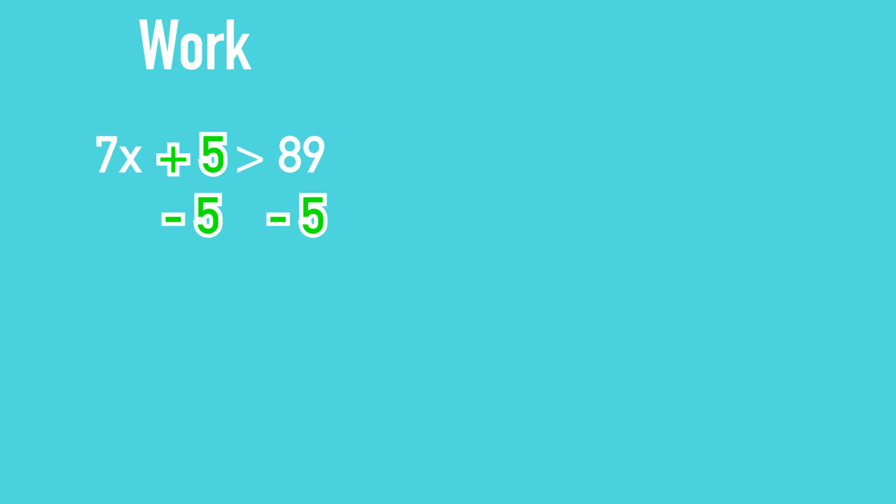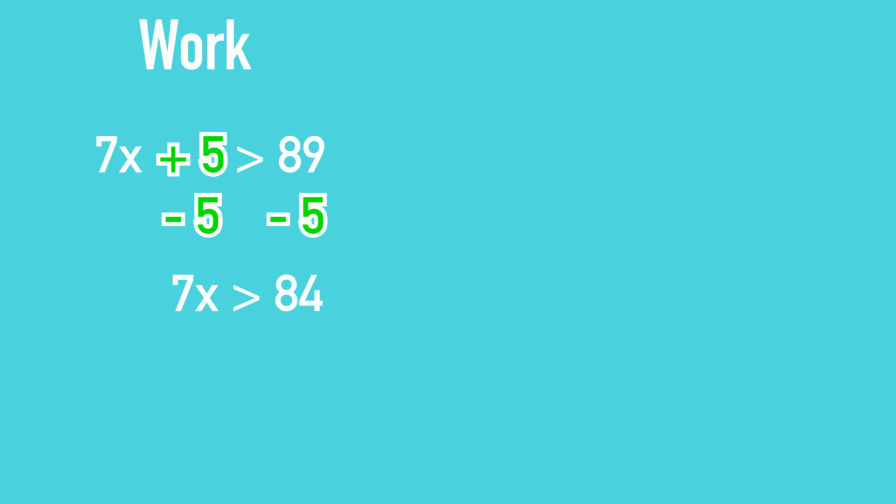For example, given 7x plus 5 is greater than 89, we will start by reversing the addition using the subtraction property of equality. 5 minus 5 equals 0, leaving 7x, and 89 minus 5 equals 84.